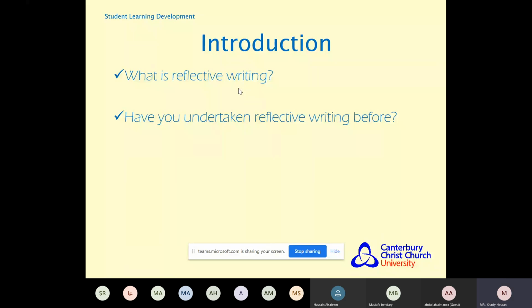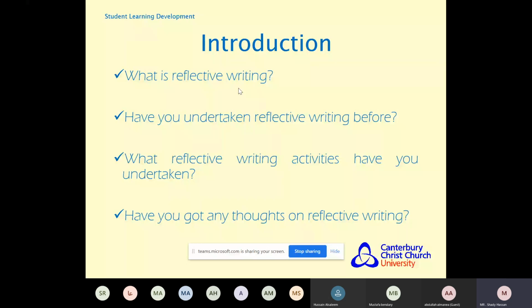Have you undertaken reflective writing before? I don't think so. I guess this is the first time. What reflective writing activities have you undertaken? Maybe you have dealt with reflection before, but you don't know. So we're going to shed light on this point later on. Have you got any thoughts on reflective writing?